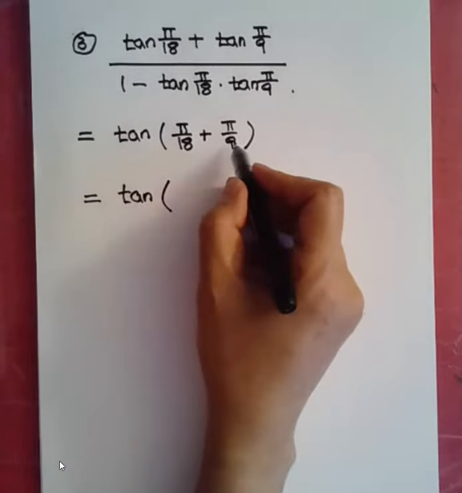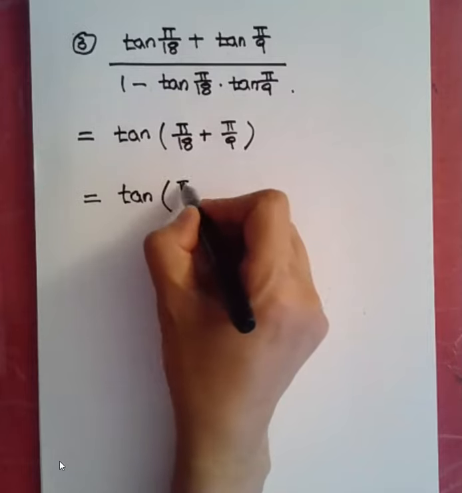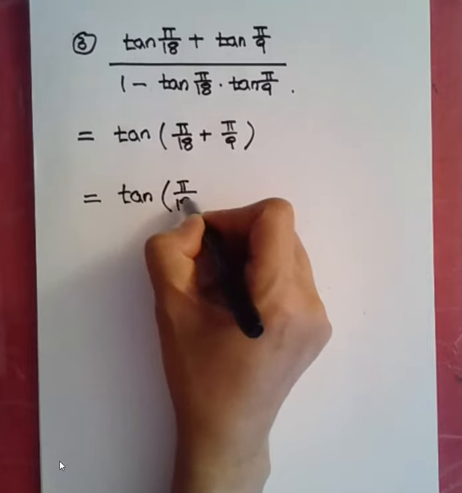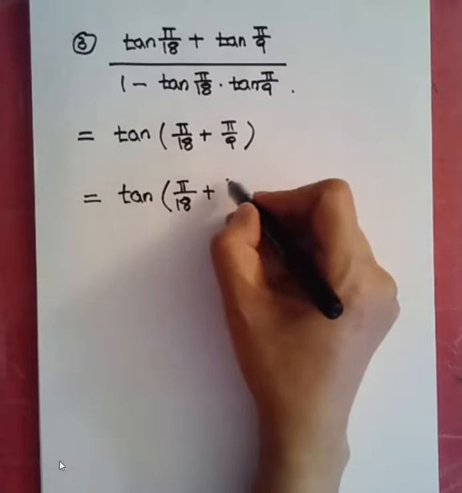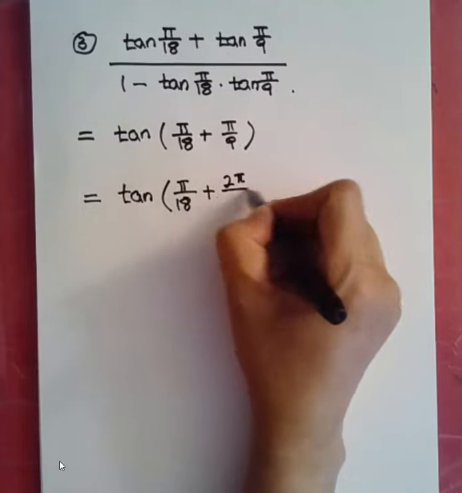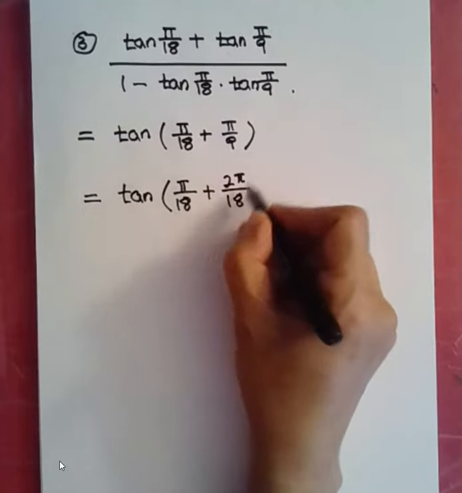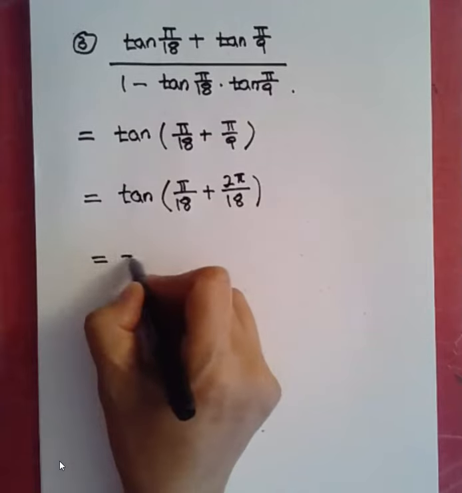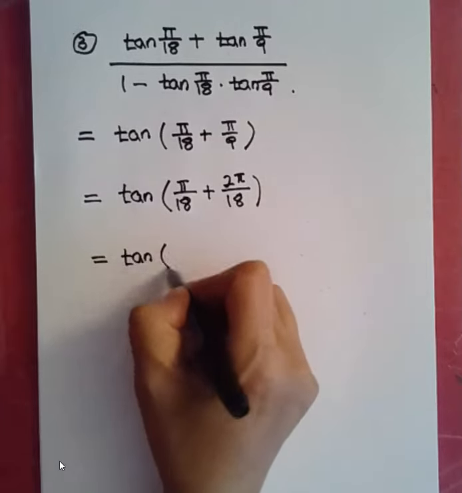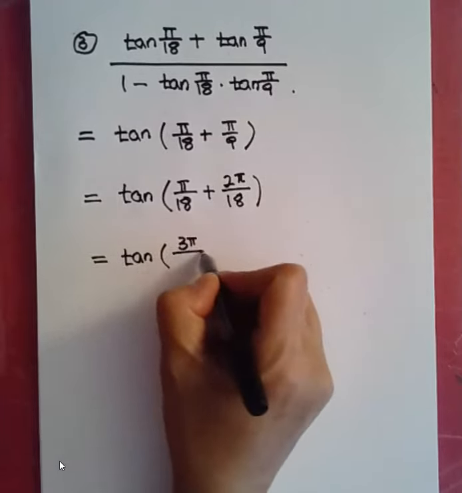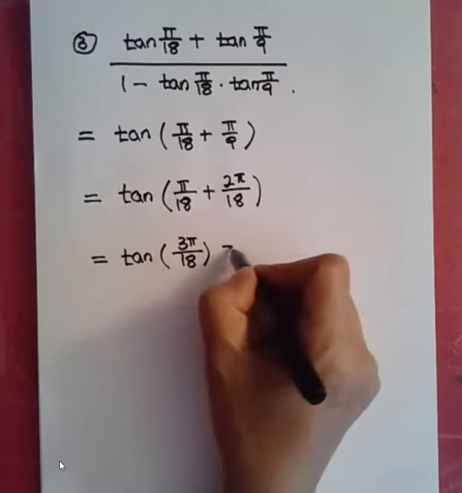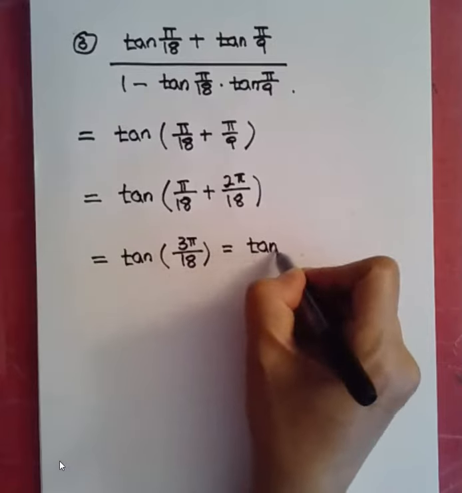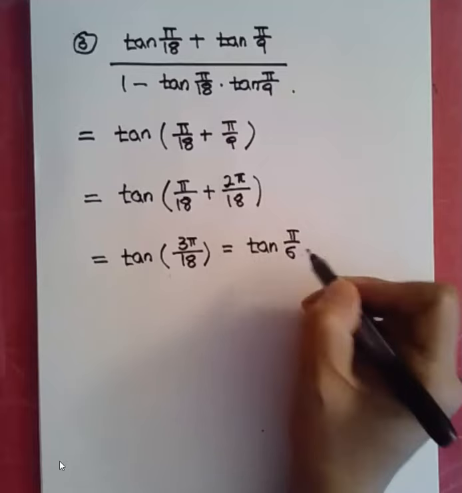The common denominator is 18, so pi over 18 plus 2 times 9 will make 18, so 2 pi over 18. So we get tangent of 3 pi over 18. So that is tangent of pi over 6.